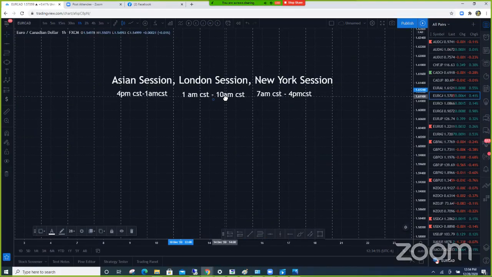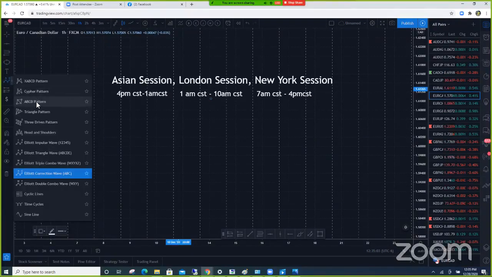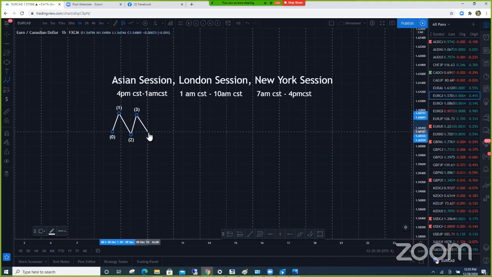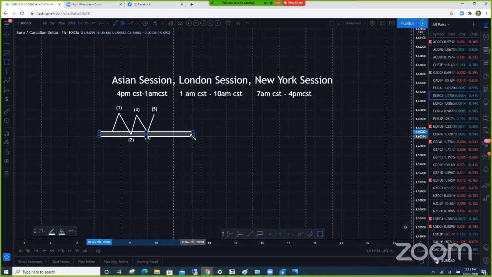Now, here's what price does during the session. So during the Asian session, especially when you're dealing with United States dollar pairs, like any pair with USD or any pair with Euro, this is generally what happens. During the Asian session, price likes to consolidate like that, because most of the spending money in Forex is within the American sector and the European sector.